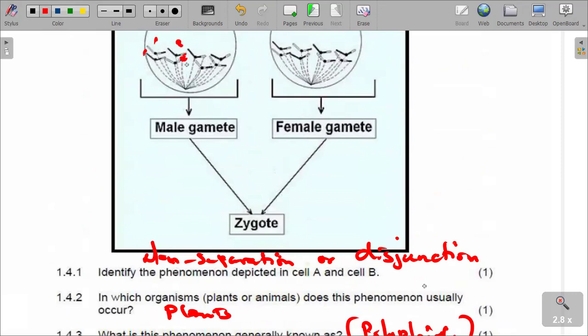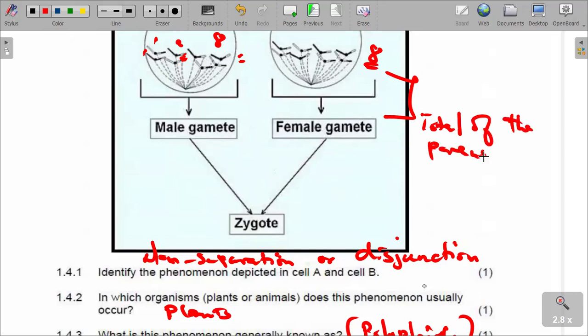2, 3, 4 times 2, 3, 4. So we have got 8 here. We also have 8 there. So it actually remains the same, and then they form a zygote, a gamete here, which has the total number of the parent cell.